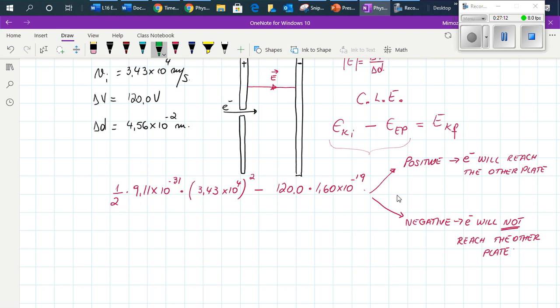What we are finding in this case is the final speed of the electron, and what we are finding in this case is where it is stopping. How far from the entrance is it stopping?